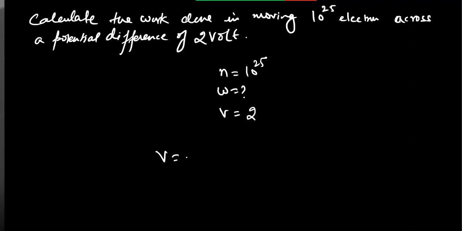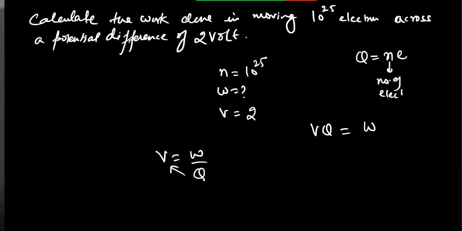We have the formula V is equal to W upon Q, so V into Q is equal to W. Q is not given, but N is given. We have studied the previous formula Q is equal to N into E, where N is the number of electrons and E is the charge of an electron, that is 1.6 into 10 to the power minus 19.